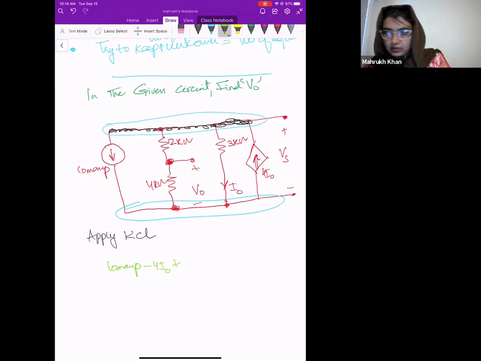What is the other equation? The other is V over 3 kilo ohms, right? Because this is one node. And then the second is V over 6 kilo ohms, right? If this is V, the whole node.